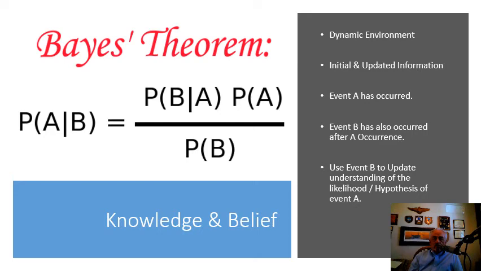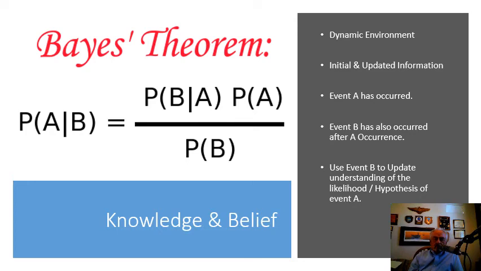This is where we should all go. We should all go to Bayes' theorem to help us. Bayes' theorem helps us in a dynamic environment. It provides us with initial and updated information with respect to event A has in fact occurred.